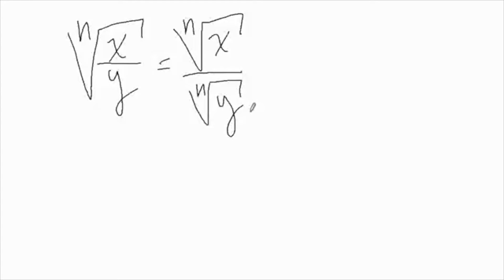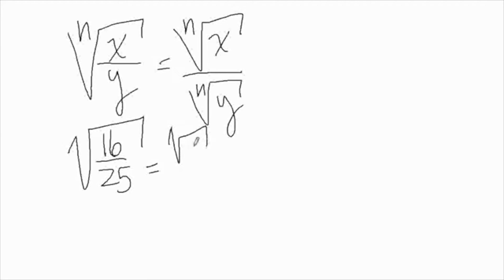So what this formula says is that if you have a radical of a quotient, you can express it as a quotient of radicals. Okay? So let me show you some examples of that. The square root of 16 over 25, that's equal to the square root of 16 divided by the square root of 25, which is equal to 4/5.